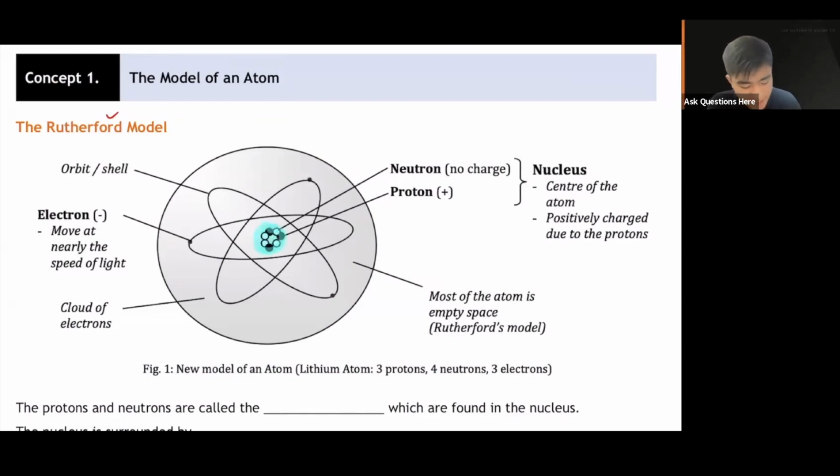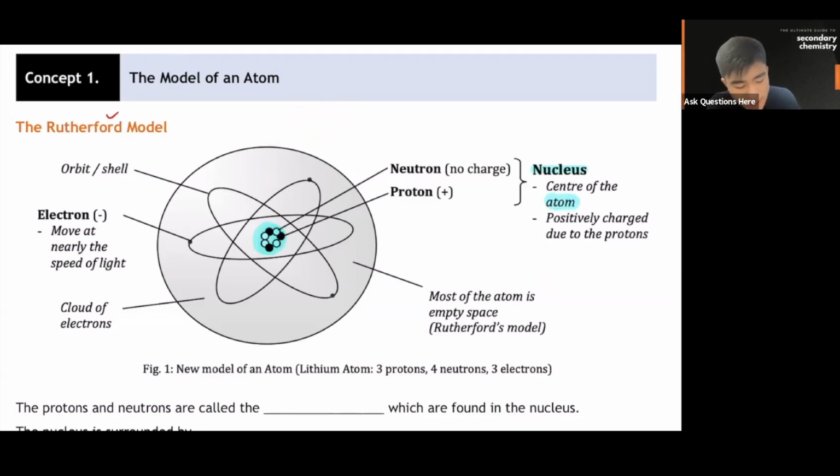In the center of the atom, this over here is what we know as the nucleus. It's basically a small place whereby many particles can be found in it. So this is the nucleus, and the nucleus is found in the center of the atom.